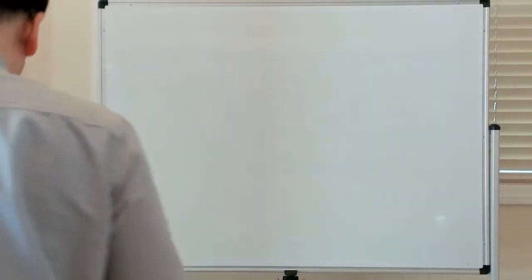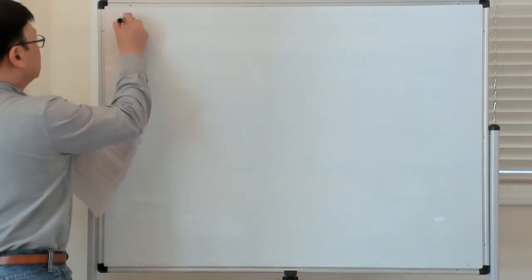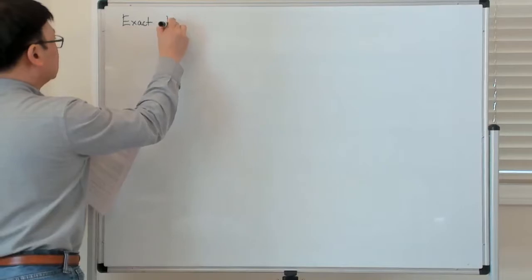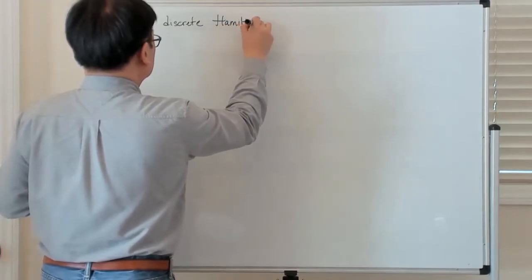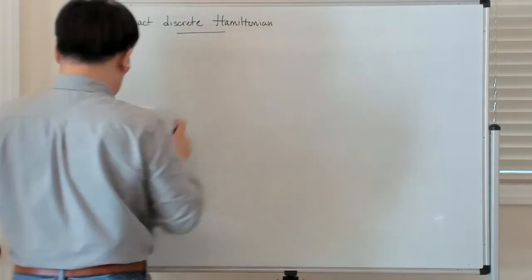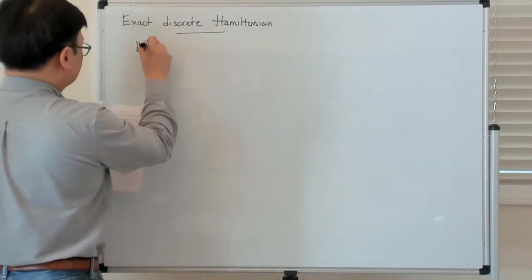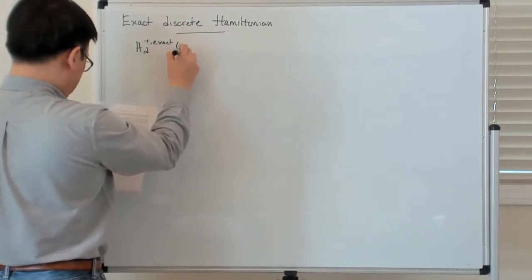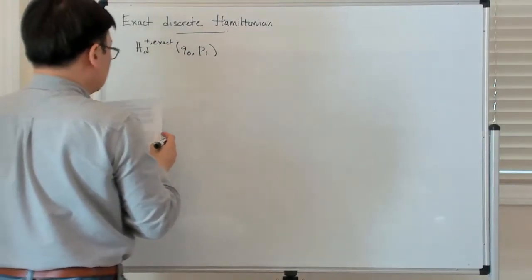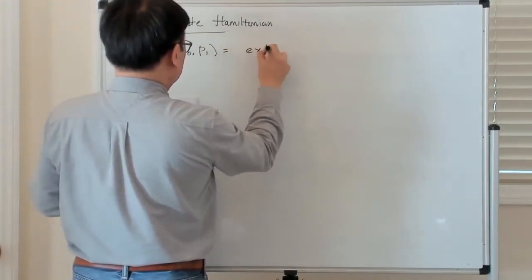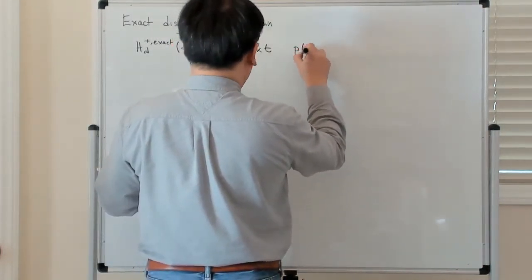All right, so let me now introduce this idea of the exact discrete Hamiltonian. Okay, so let's call that H_D^{+,exact}. It depends on q0, p1, and it's going to be the extremum over p at the final time h.